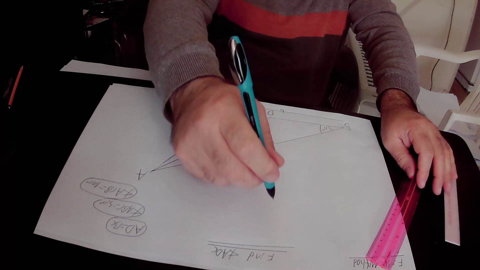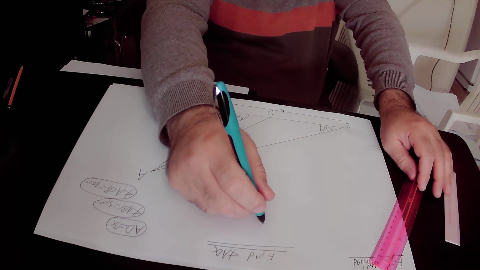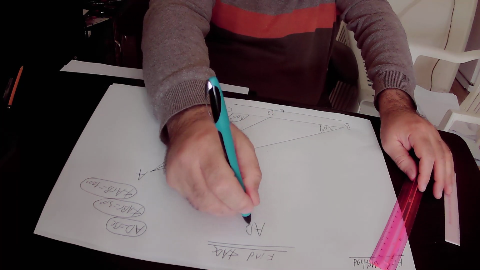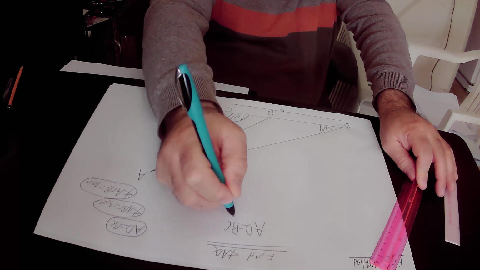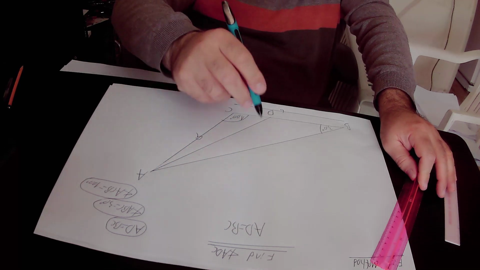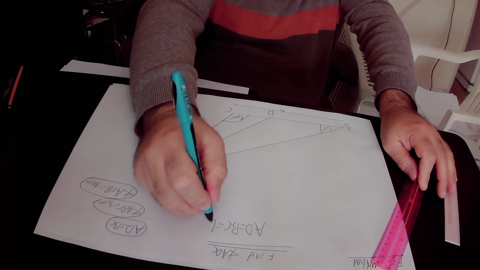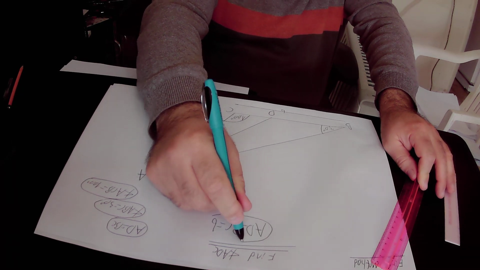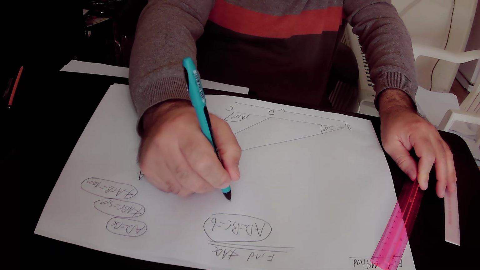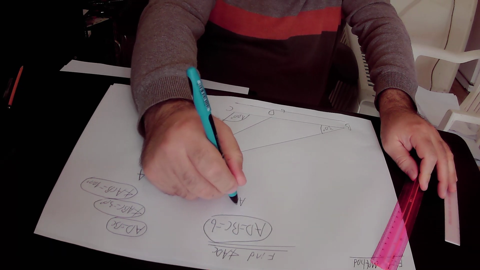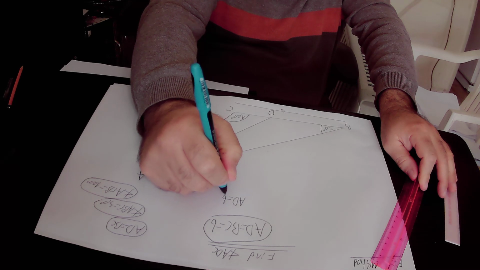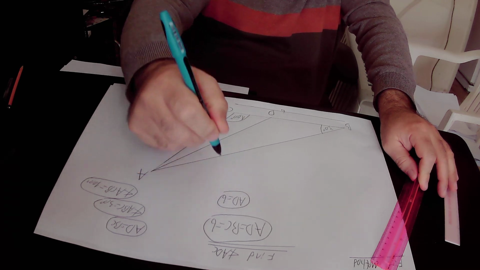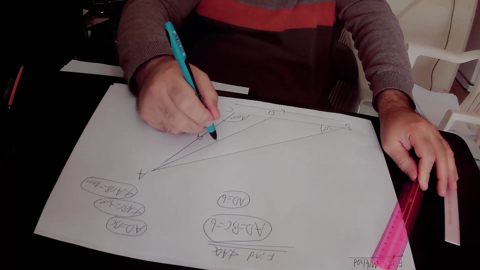According to what is given in the question, AD equals BC, but according to our definition, BC equals B. So from AD equals BC equals B, we derive that AD also equals B. So we write down here that AD equals B.